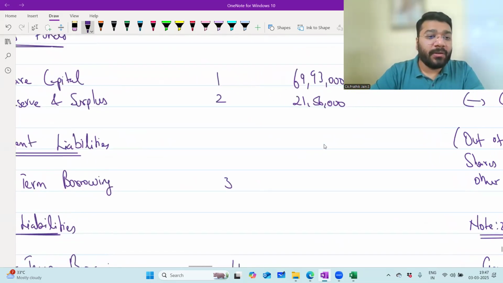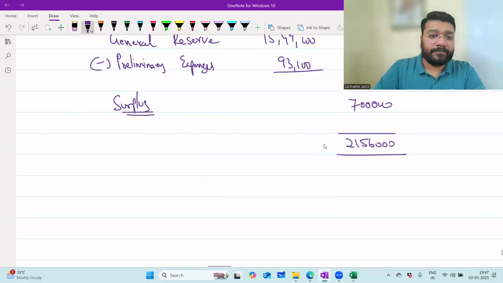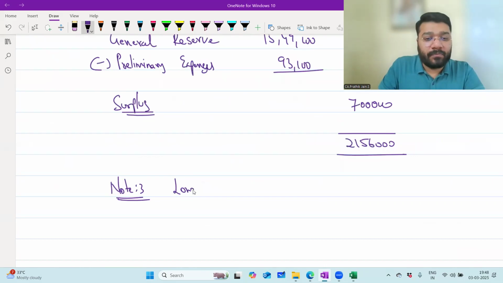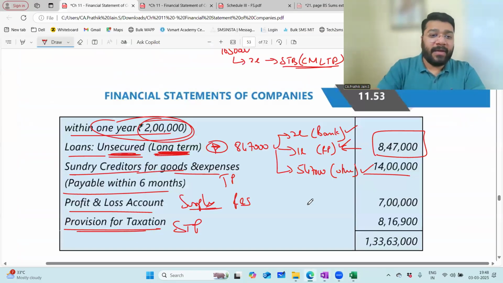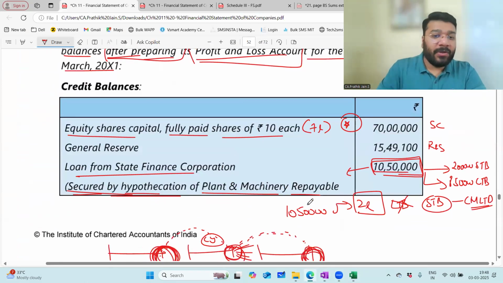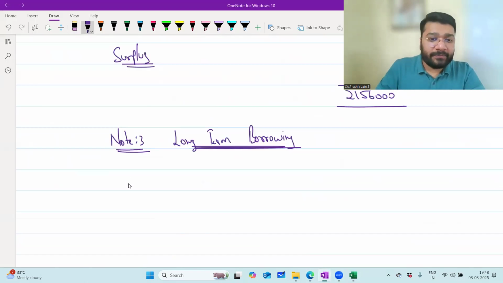Third note is for long-term borrowing. In that we have loan from State Finance Corporation.